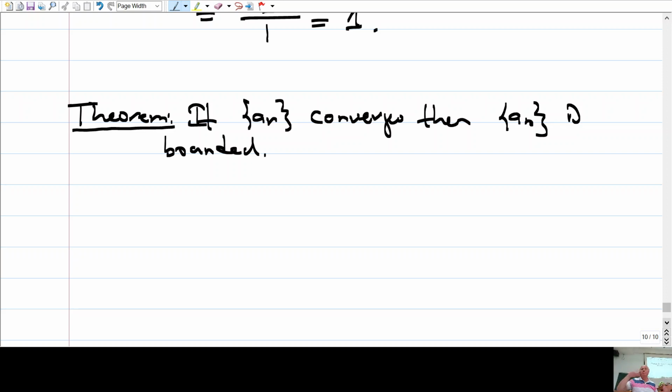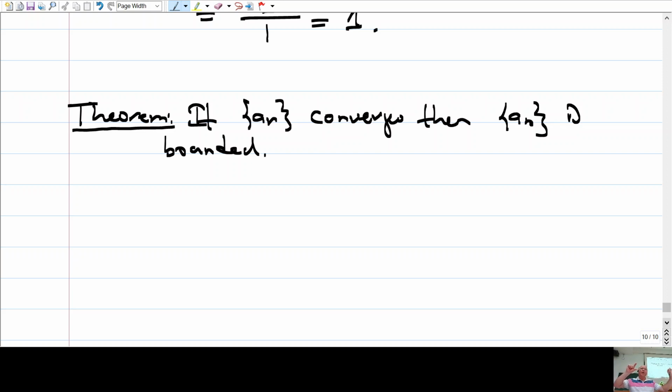It might be something very big, let's say 1 million. After that index, the terms a_1 million, a_1 million plus 1, a_1 million plus 2, will all be in the interval with center L and radius 1 unit. So they will be between 499 and 501. All of them will be there.